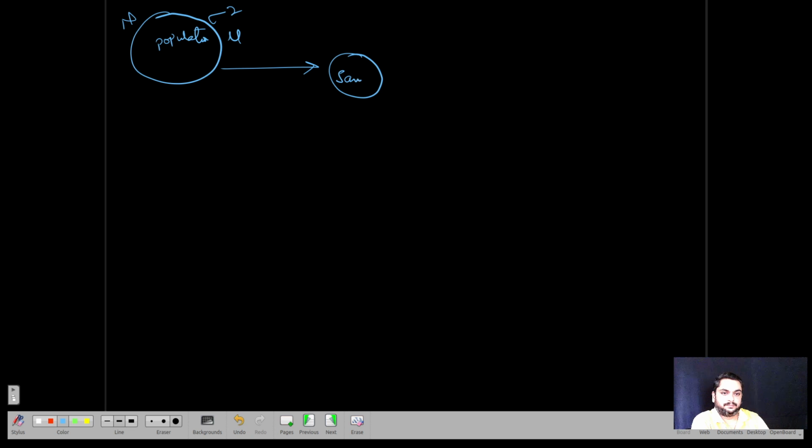This is my sample, and say the sample size is n. The sample mean I calculate as x bar and the variance is s square. While calculating this, there is a concept of degrees of freedom, which means how many variables can be independent.